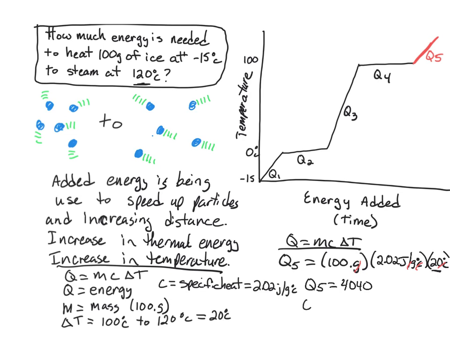My answer should be Q5 equal to 4.0 times 10 to the third joules. I could use the long form of this because I'm going to be adding these numbers together, but we'll leave it like this for now with two significant figures.